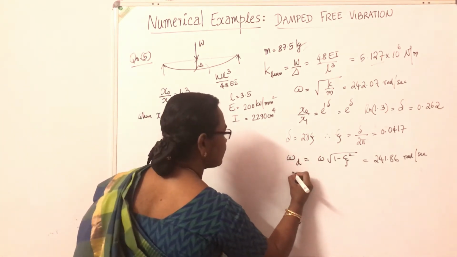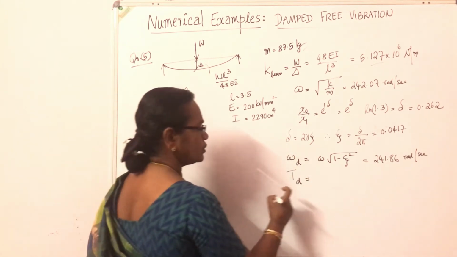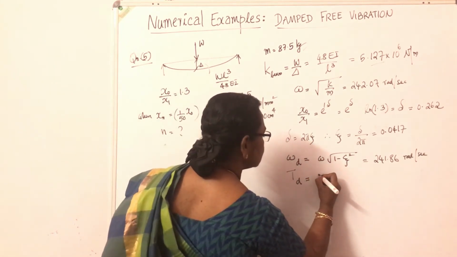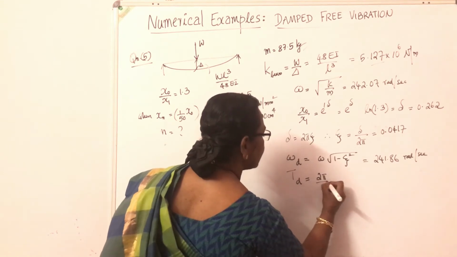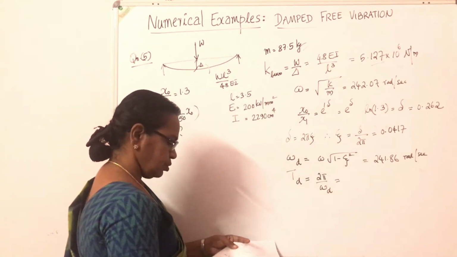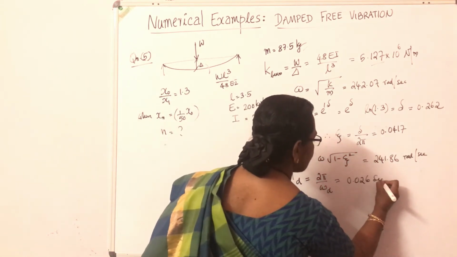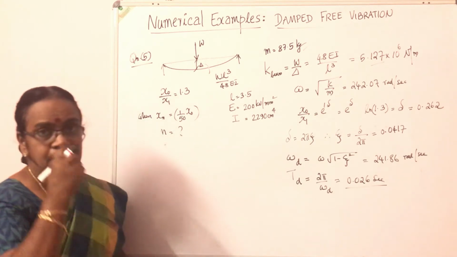So what is the time period? Damped time period. Omega d into T is 2 pi. So it is 2 pi by omega d, which will work out to 0.026 seconds. So what does this mean?